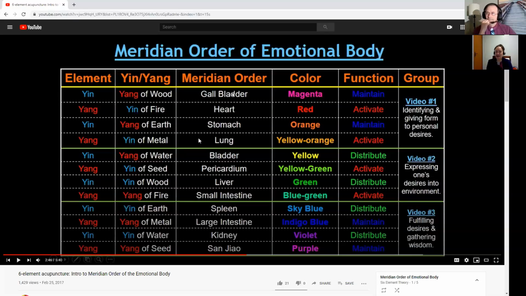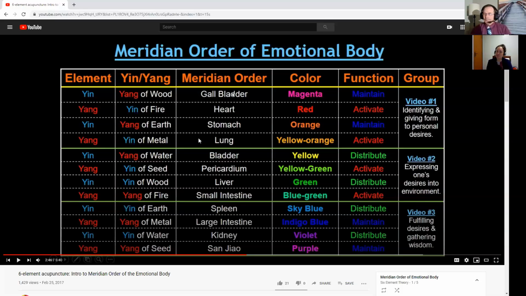So in this case, when we see this problem, we should treat the next meridian, the meridian not expressing himself. In this case, we should treat Sanjiao and not kidney, right?